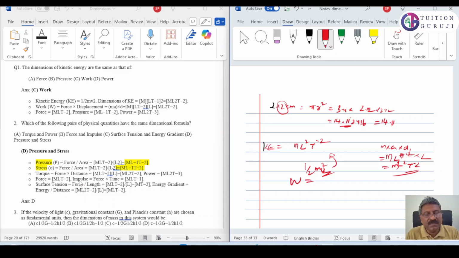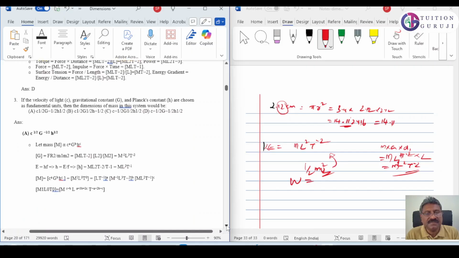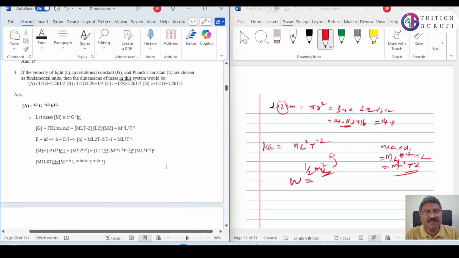Impulse, force into time, is M L T raised to minus 1. Surface tension is force by length, M T raised to minus 2. Energy gradient is energy per distance, which is M L T raised to minus 2. Therefore, only pressure and stress have the same dimensions. Okay, next one, the velocity of light.